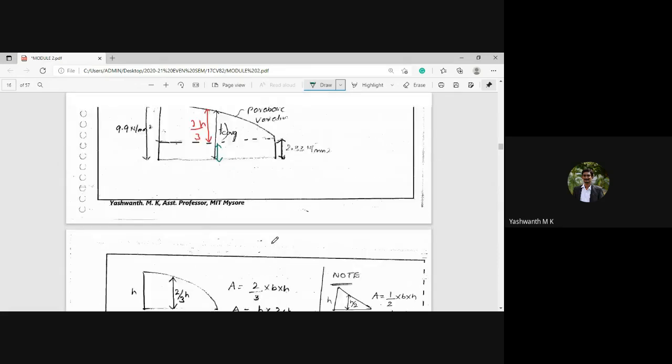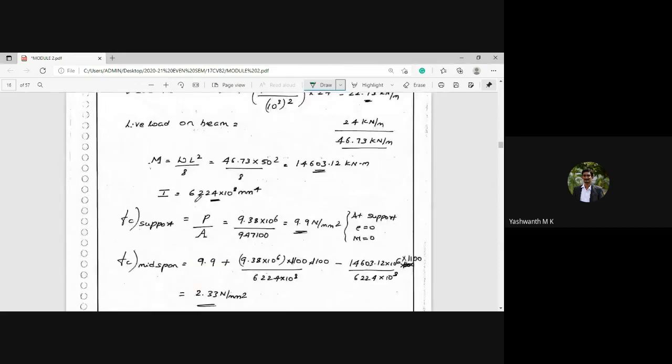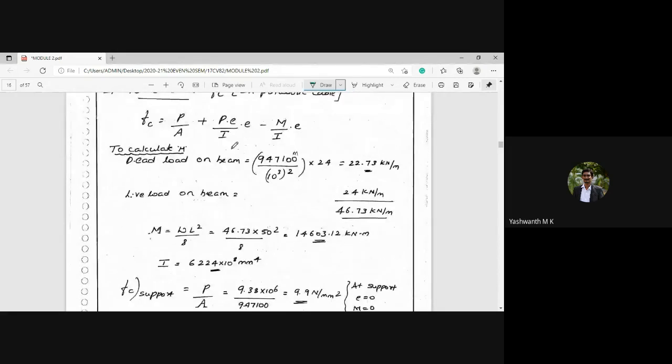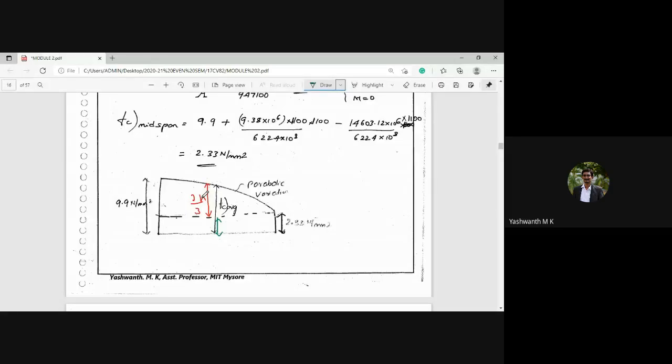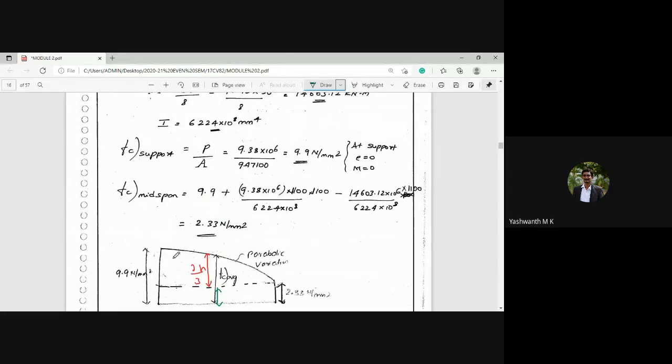So like this, we need to calculate the FC or compressive stress in concrete at the level of steel for a parabolic cable. Please be careful. In the examination, if you don't calculate the FC average value, you're going to lose marks, because FC at support is different and FC at midspan is different.